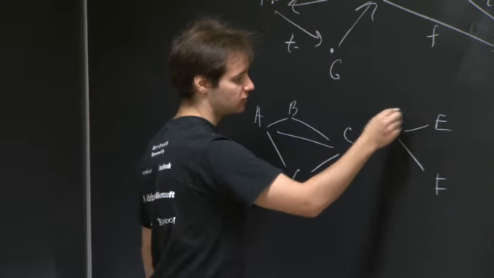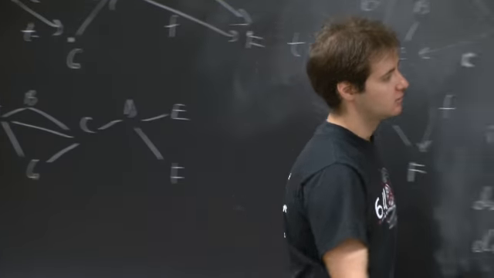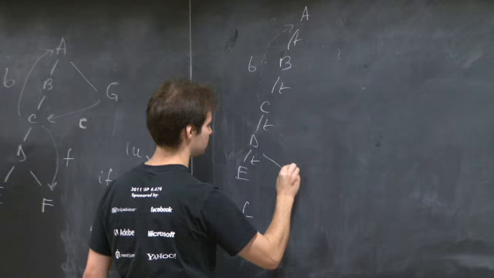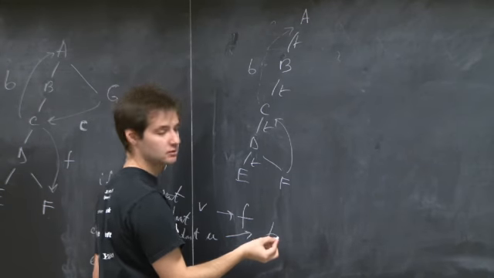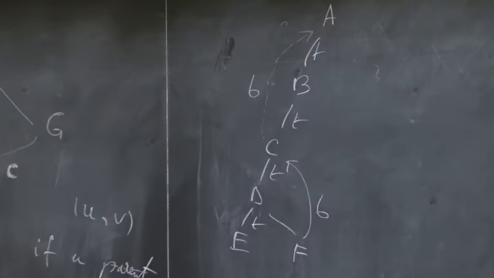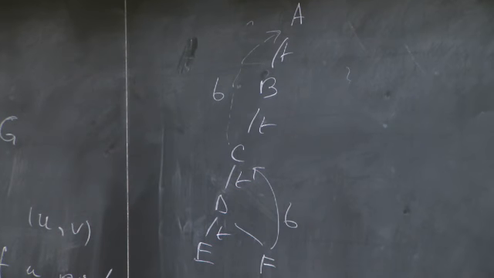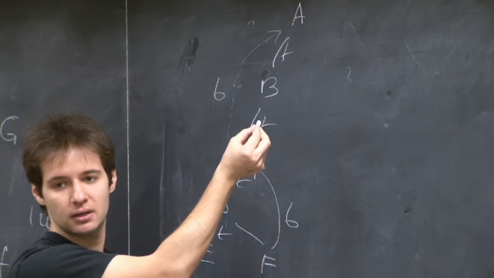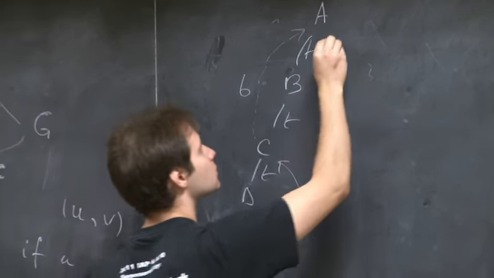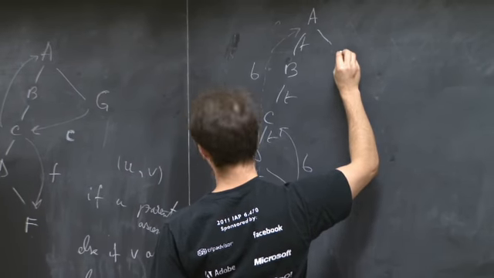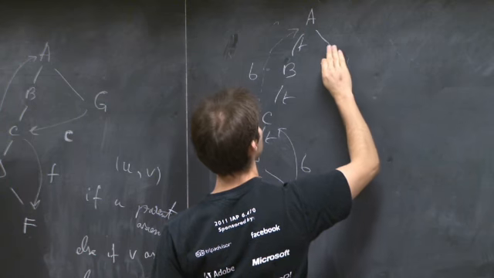So C to D, D to E, D to F. C to F, or F to C, and then F to C. So what kind of edge is this? Backwards. Cool. So done with these guys, and then we're all the way back at A, right? Oh sorry, no, we're not done.